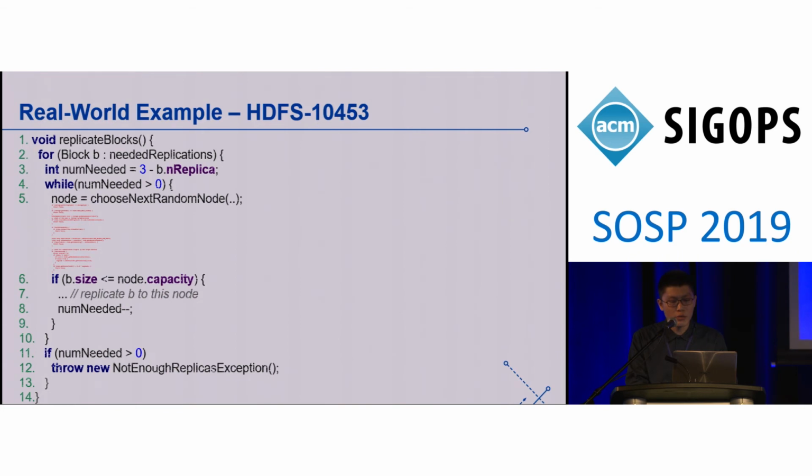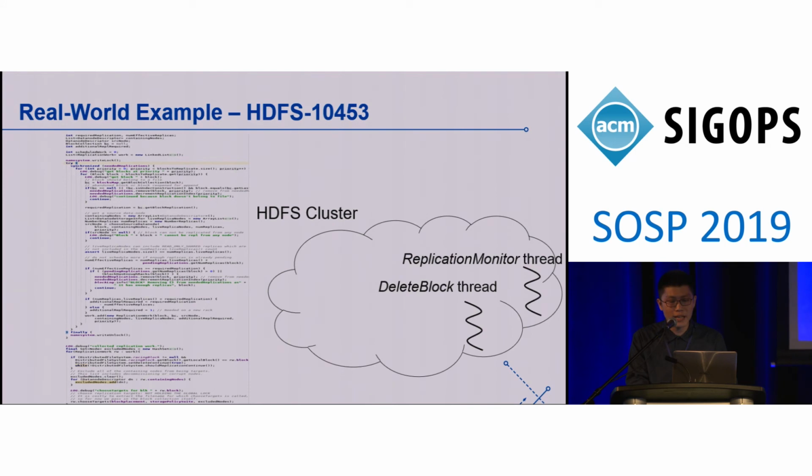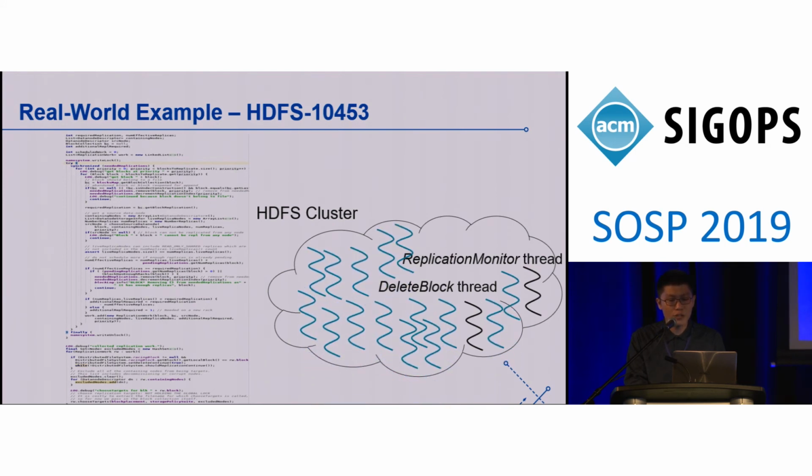Also, the replicate block function consists of hundreds of lines of code between the start and this exception. And that's not even counting the code in the libraries. Not to mention that on the HDFS cluster, there are hundreds of other threads running concurrently. So although the developer can repeatedly reproduce it, he ended up performing numerous rounds of printf debugging, waiting for the problem to reoccur, only to find that his previous guesses were wrong.